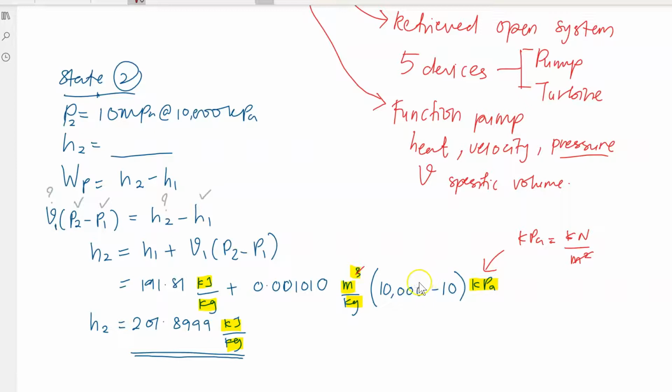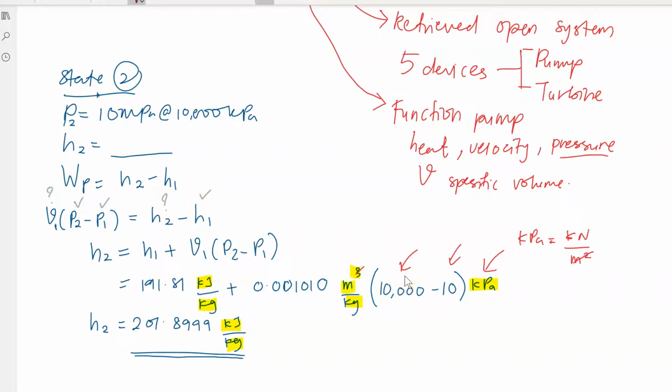And also you need to be careful when you make use of your scientific calculator to convert this value over here. Previously I jotted down wrongly. This is not 1000 kilopascal, it should be 10,000 kilopascal, right? So please be careful when you make use of your scientific calculator.